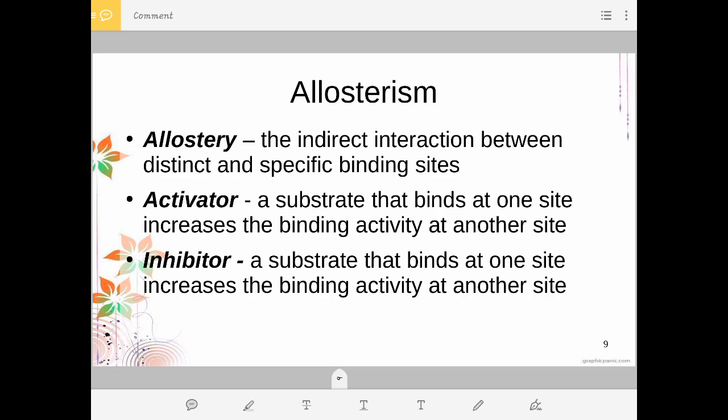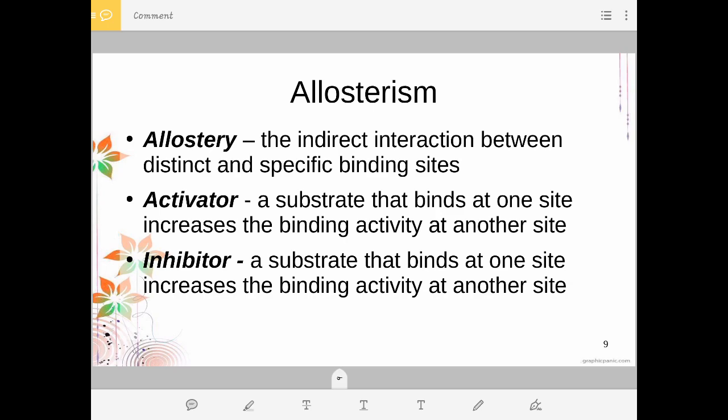Those substrates bind to different, distinct and specific binding sites on your enzyme. Now, depending on the effect of that binding, it can directly or indirectly affect the binding of the next substrate.